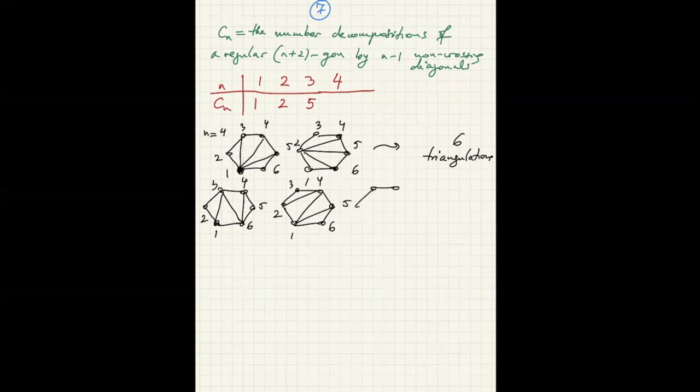And then if we continue this way, we get this triangulation. Then if we do it one more time, you're going to see that we end up back at the one that we started. If we rotate the one on the right here one more time, clockwise by 60 degrees, it's going to give us the one here. Okay, so we got 3 more here.